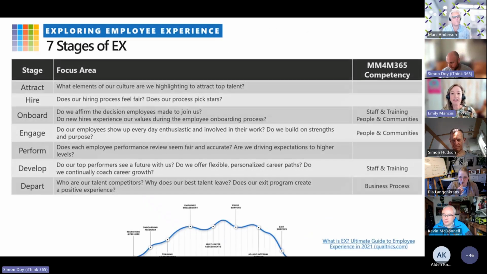So looking at one of the different explanations of the different stages of employee experience, they go through this idea of attract, hire, onboard, engage, perform, develop, depart. So looking at our different competencies, again, I started to try and bring over these different pieces because we really didn't have the conversation in staff and training or people in communities as robustly around onboarding or that engagement and development.